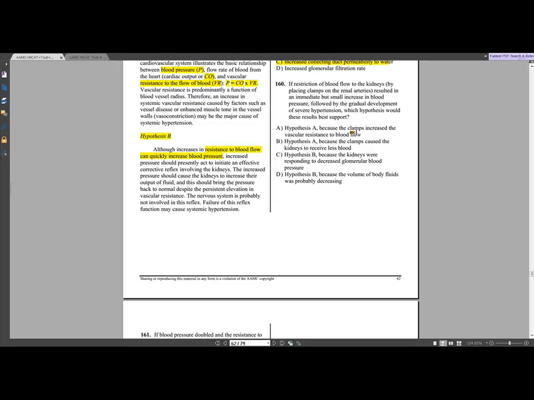Okay, so maybe the results are talking about the small increase in blood pressure, and this small increase supports hypothesis A or B, but which one?